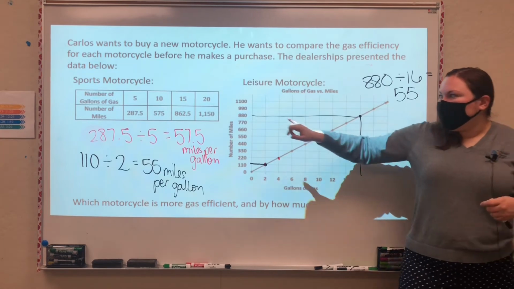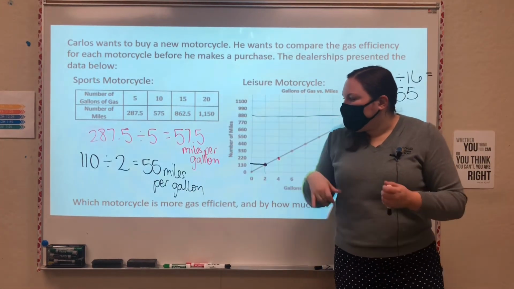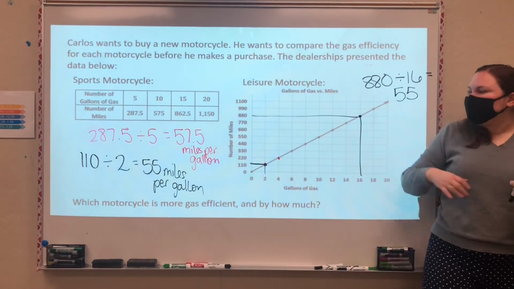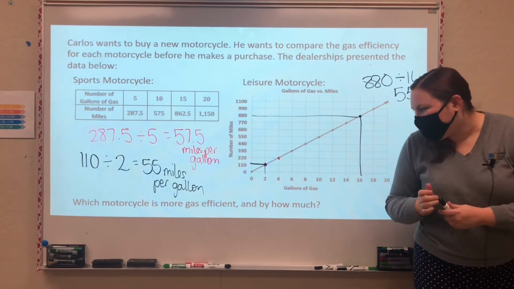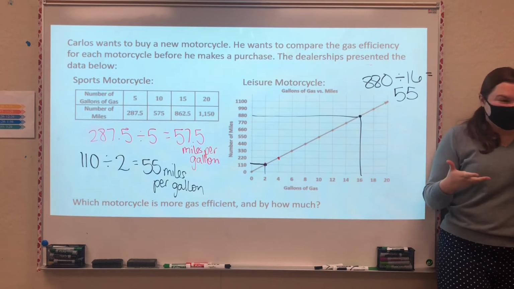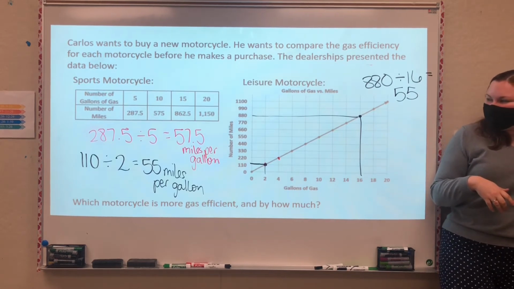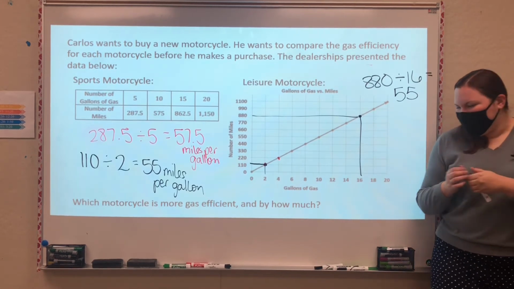So at this point we figured out sports motorcycle, 57.5 miles per gallon. Leisure motorcycle, 55 miles per gallon. You said you're trying to figure out which one's the better deal, which one's more gas efficient. What would we say? The sports motorcycle. Why the sports motorcycle?